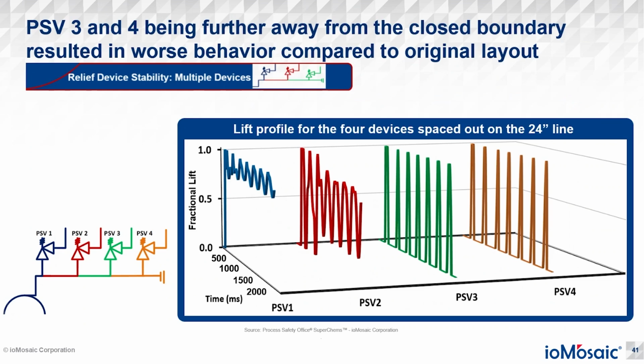The reason for that was the closed boundary, having all those valves closer to the boundary, for this 24-inch line, when the pressure wave gets to the closed boundary and reflects back, it keeps those other PSVs, PSV3 and 4 closer to the end, open. So therefore, having them a bit more spaced out and a bit more away from the closed boundary causes that imbalance of keeping the valves open on the further end.